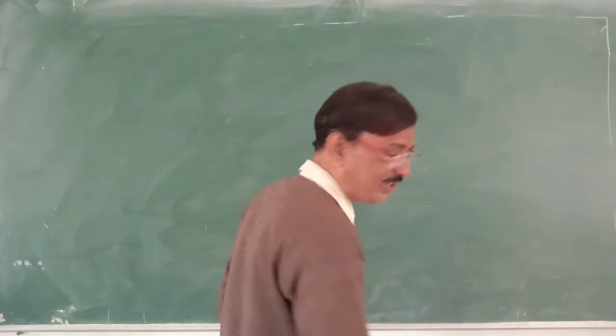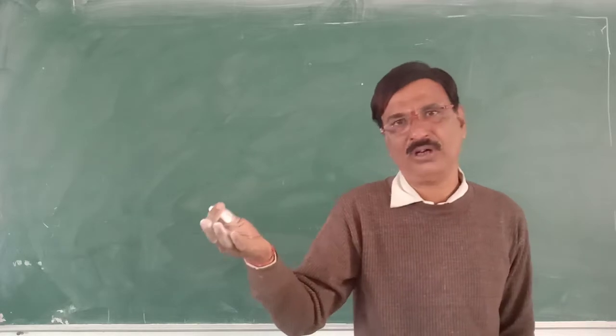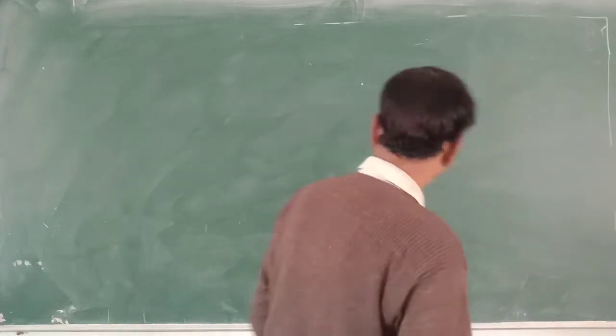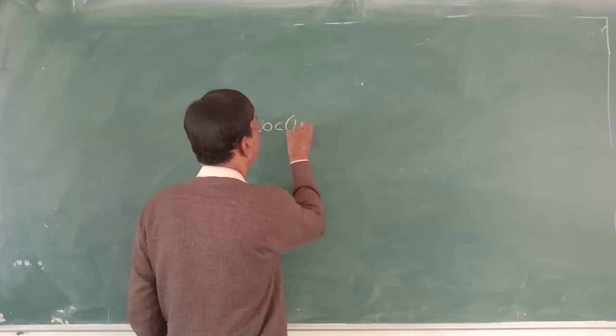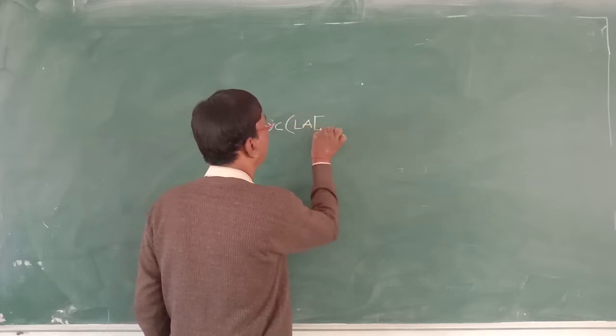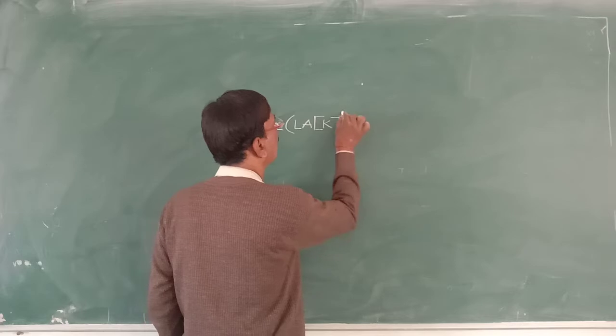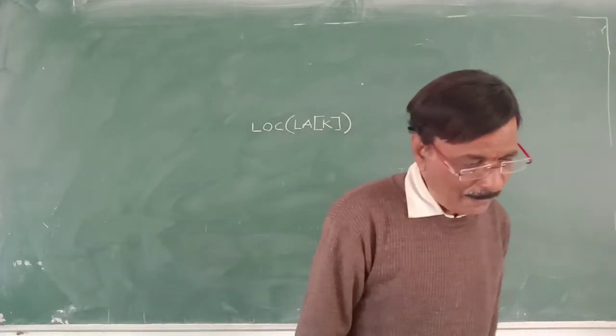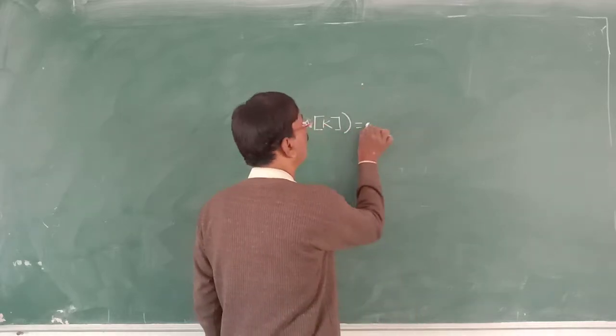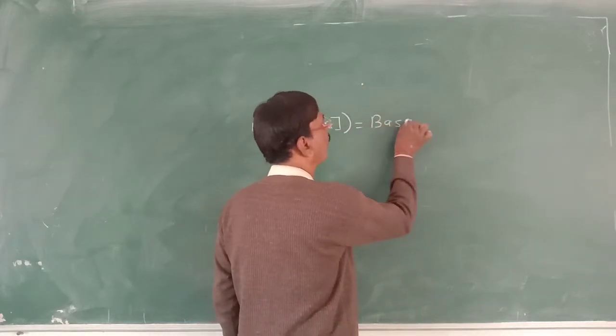Say LA is the name of the list. So, the location of LA[K], where K is the element number, is equal to base of LA. What is the base?